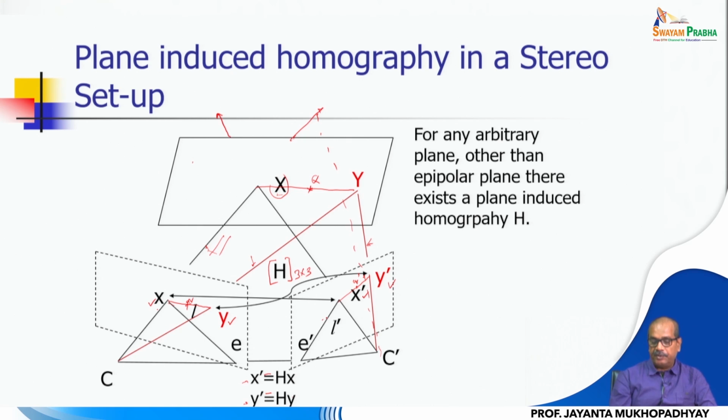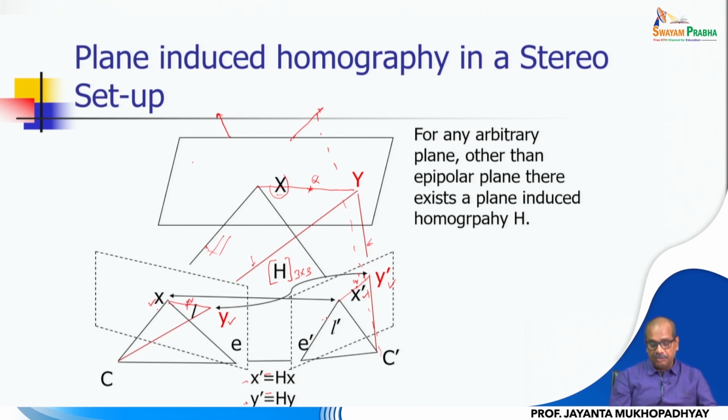Except for the epipolar plane, for any other arbitrary plane, there exists a plane induced homography H. This homography is a characteristic of that plane. So every plane has its own distinct homography.